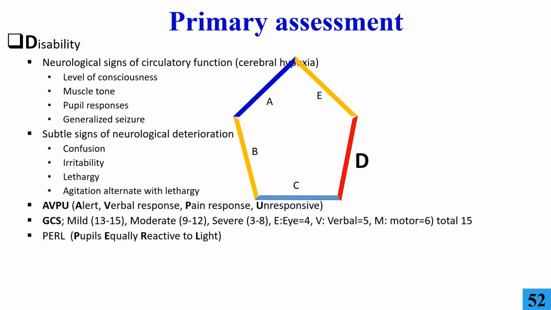And remember, the brain needs constant supply of sugar and oxygen. So whenever you have a problem with the sugar or you have a problem with the oxygen, the brain stops working. And I'm sure you guys have seen when you get hypoglycemia, you get headache, you get some tremor, you get weakness, you get some blurred vision, and then you reach a place when you start to have something like psychosis.